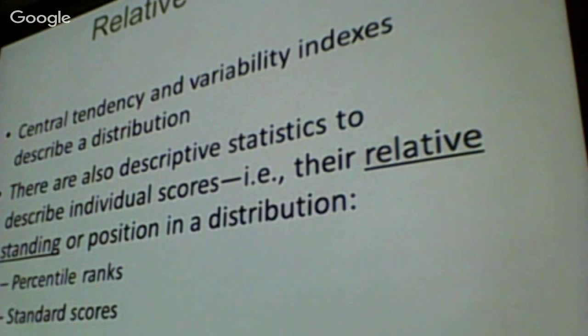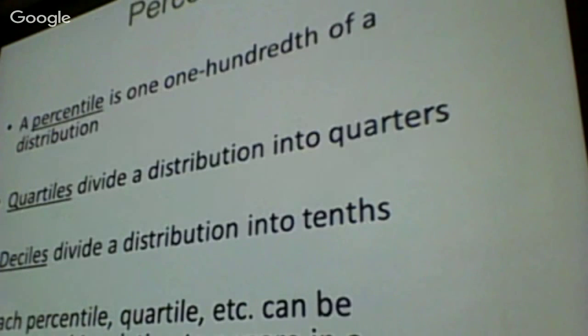So what we're looking for is your position, your relative standing in a distribution, your percentile rank, also a standard score. A standard score is how many deviations from the mean your score is, and a percentile rank is how many deciles, quartiles, whatever above it is. A percentile is 1/100th of a distribution.